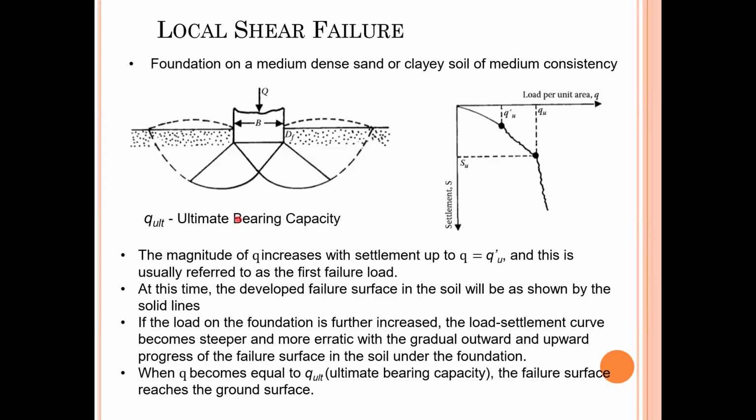You can see in a local shear failure, there are several ultimate Q values. Initially, it reaches a settlement like a first failure load here, and then finally, there's another failure load happening here.